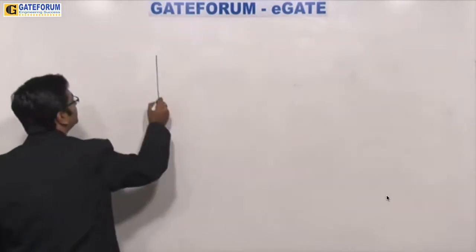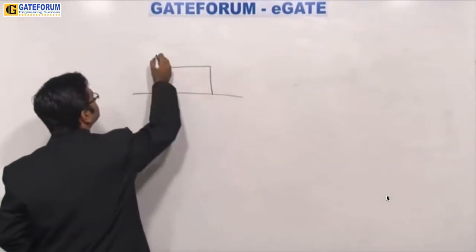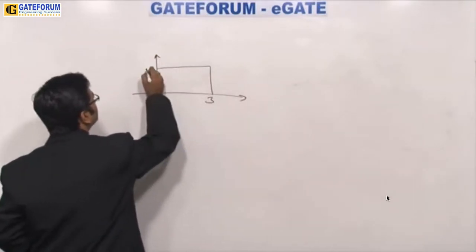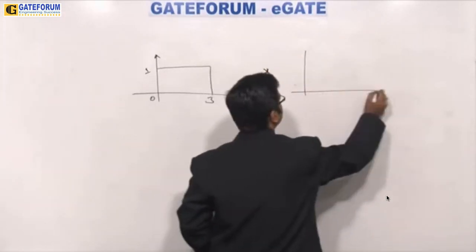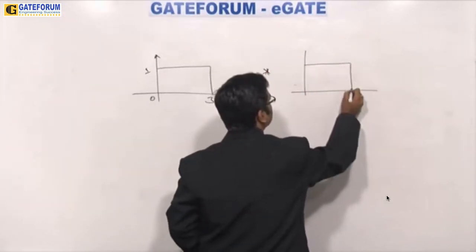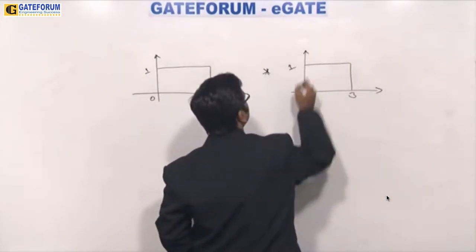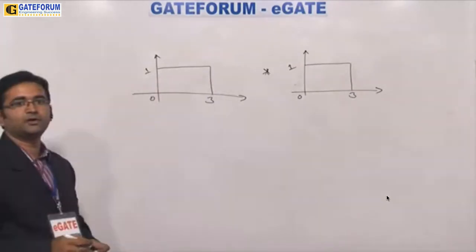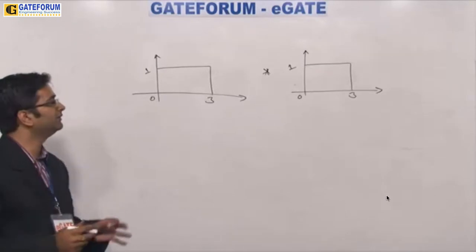Let us do the convolution of this. Okay. Now there are two pulses, both are of the same size and same pulse width.